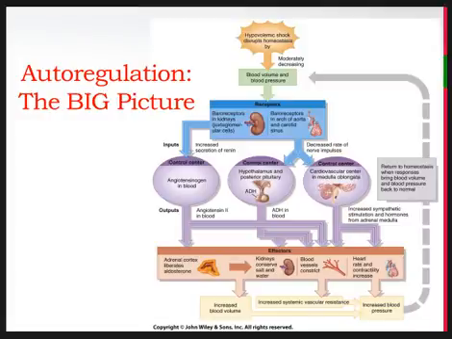So once we get that blood pressure and that blood volume back up to normal, the baroreceptors in the kidneys and the baroreceptors in the aortic arch and carotid sinus are all going to return to normal, and we're not going to need to have those actions of the control center and the effectors go on. Remember that autoregulation of blood pressure and blood flow is really just a complex interplay.